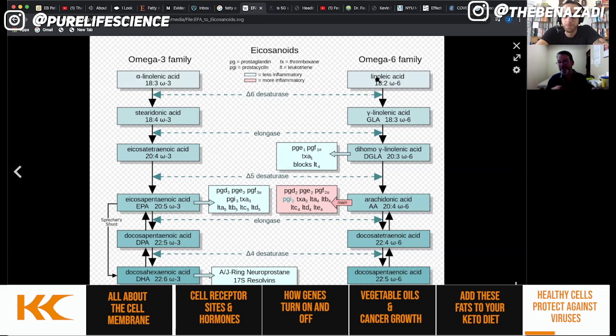Very cool. And what's interesting is that only 1% or probably less of the omega-6 that we consume actually goes down this pathway. Almost all of it's used for structure.